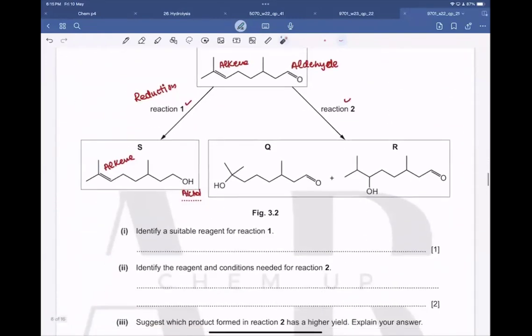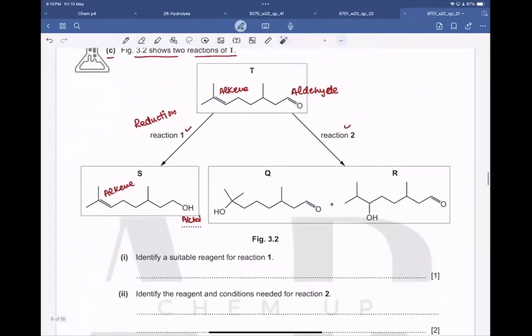Now reaction two. If you see in reaction two, it's an aldehyde and it's an aldehyde as well, right? On both the products, we are getting aldehyde, but where the alkene is, on that carbon, we are getting alcohol.